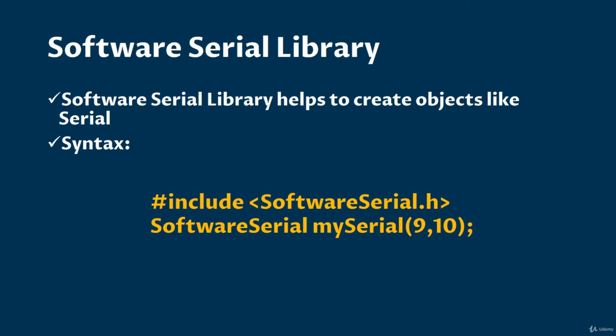By this line, this will create an RX-TX pair at pins 9 and 10, where 9 is RX and 10 is TX. The rest of the functions will be the same as the serial object. Like you can call your virtual serial dot begin. You can call your virtual serial dot write, dot print, dot println. Like that you can do.